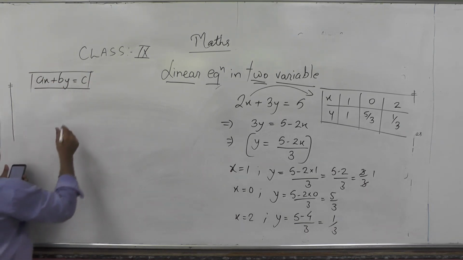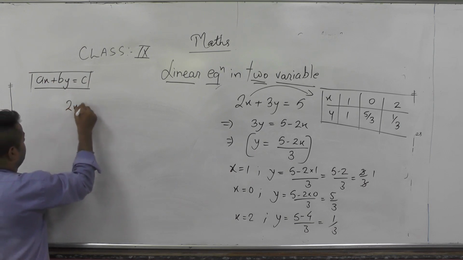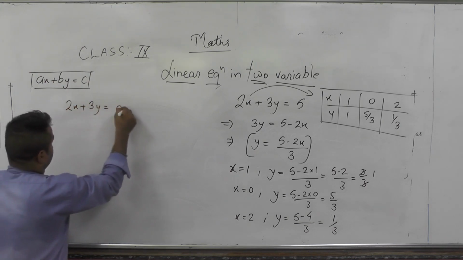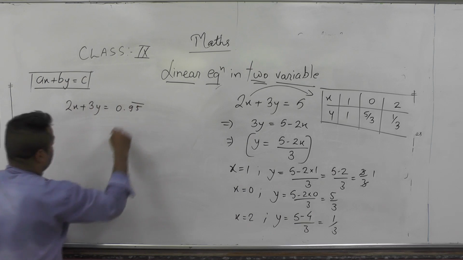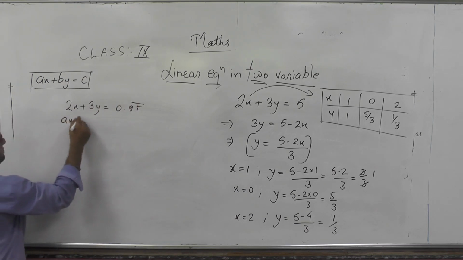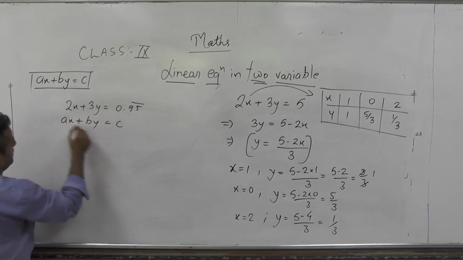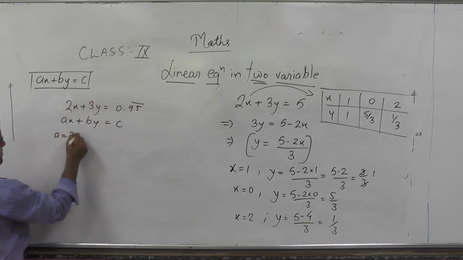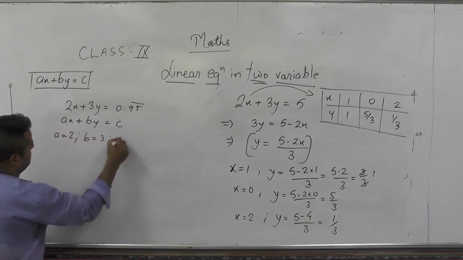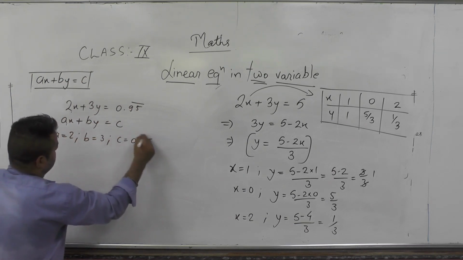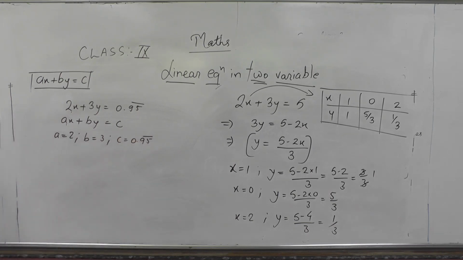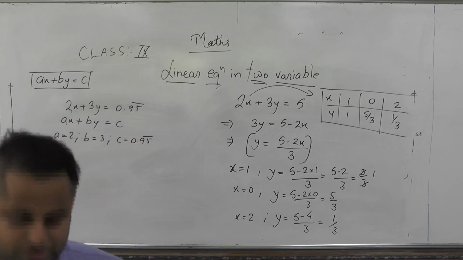Like if you need to find the values for, say, 2x plus 3y equals 9.35 bar, we can just compare this with ax plus by equals c. So that our a is 2, our b is 3 and our c is 9.35 bar. So that's how we can find the values of a, b, c, the constants, with the help of comparison.